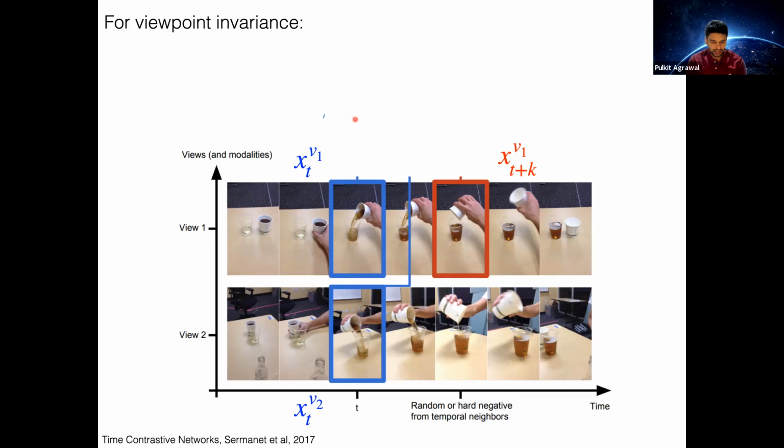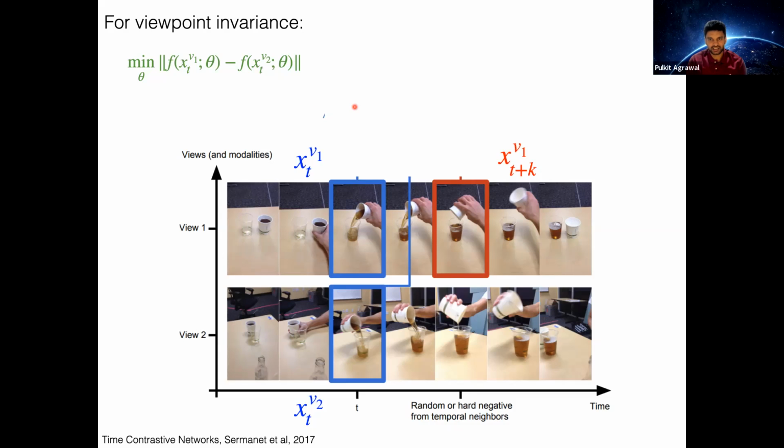So one thing we might do for viewpoint invariance is to have the following loss function, which says that features of viewpoint 1 should be close to features of viewpoint 2, where f might be a neural network which is taking as input the image x and outputting some features.